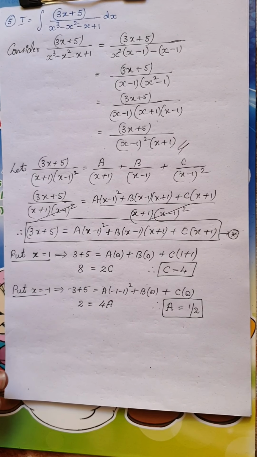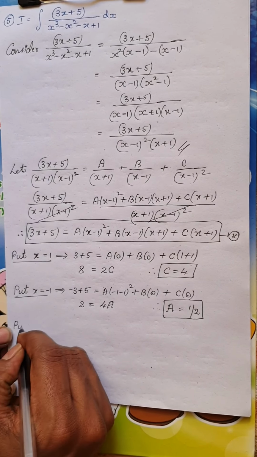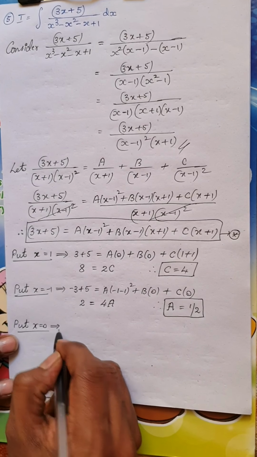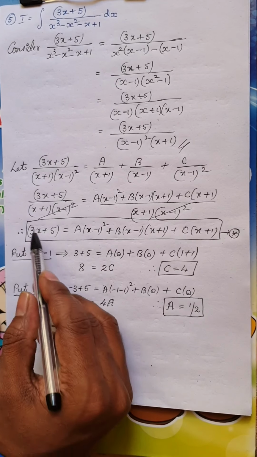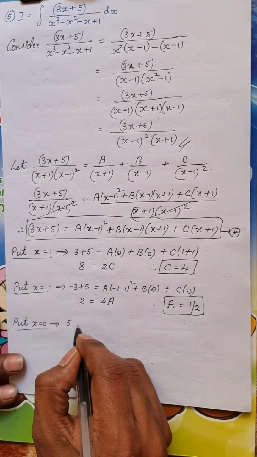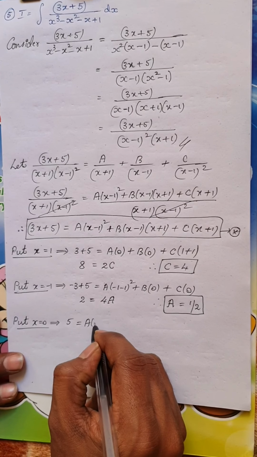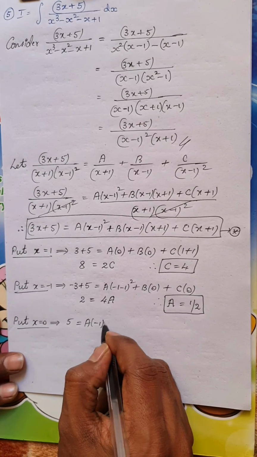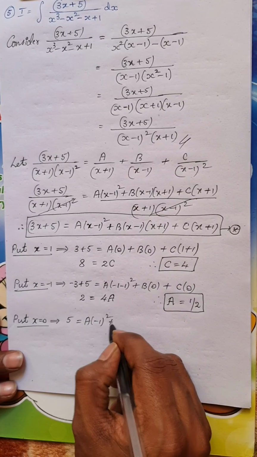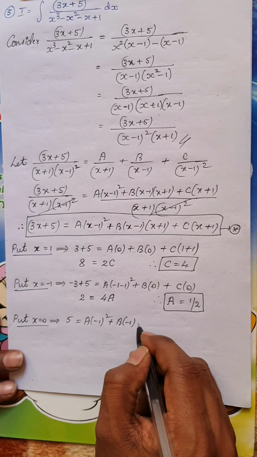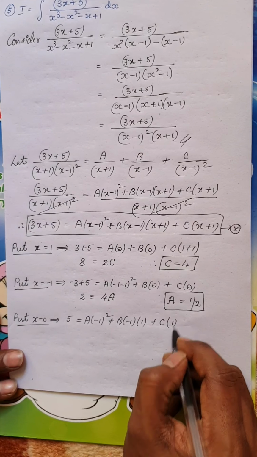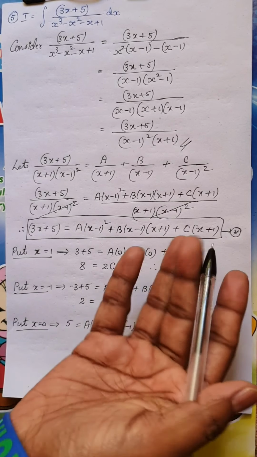Is it clear? So, to find the value of c, as I told you in the previous case, I will put x as 0. This is the better step. If you put x as 0, 3 into 0 will become 0 and only 5 remains. So, this is a into, I have just taken away x because x is 0, minus 1 square, plus b into minus 1 plus 1, plus c into, it is just 1 because x is 0.